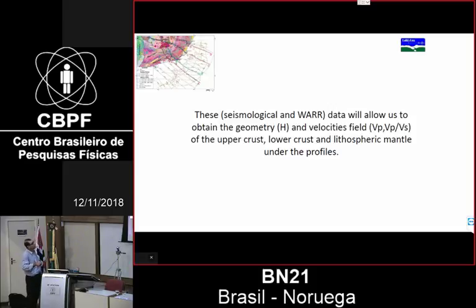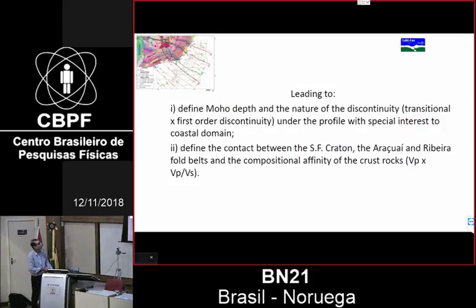Okay. This data will allow us to obtain the geometry and velocity field of the upper crust, lower crust, and the lithospheric mantle under the profile. It will help define the nature of the discontinuity under the profile, now with special interest in the coastal domain, to define the contact between the São Francisco Craton, Araçuaí and Ribeira belts, and the compositional affinity of the crust.